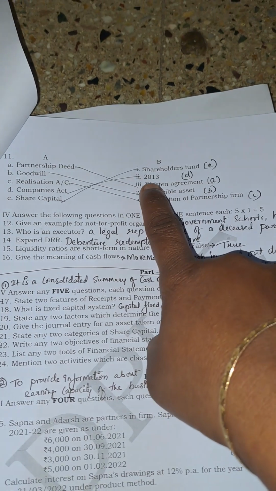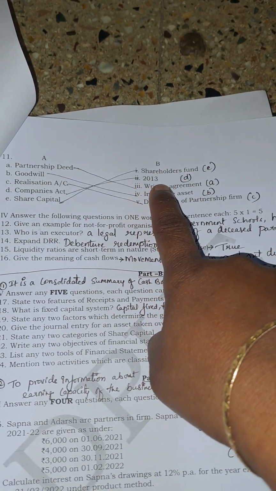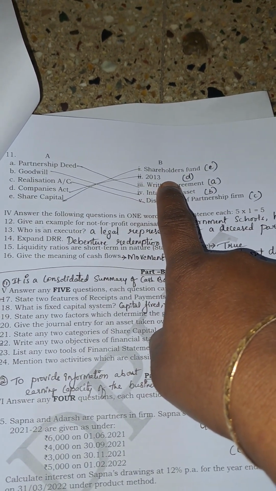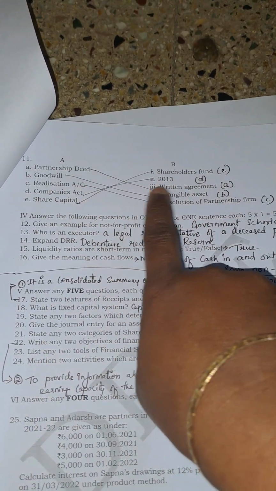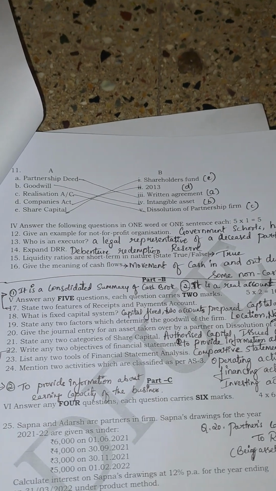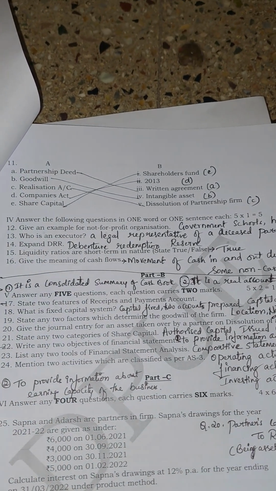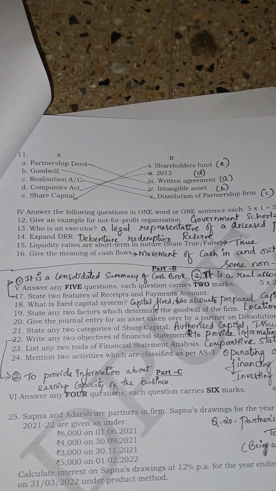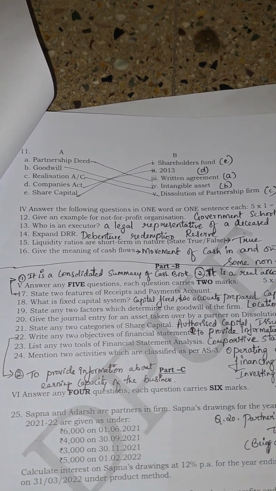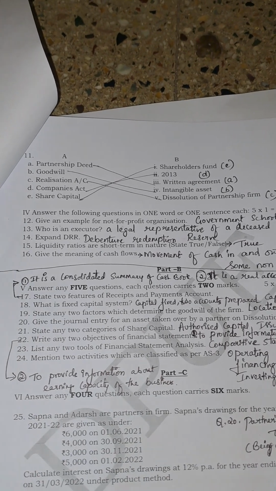Companies Act, the new one is 2013, the amended one is 2013. Share capital will come under shareholders fund. So match it this way. Please do not write the option, please write it in words. Do not just write the numbers for MCQ and fill in the blanks and the match the following.